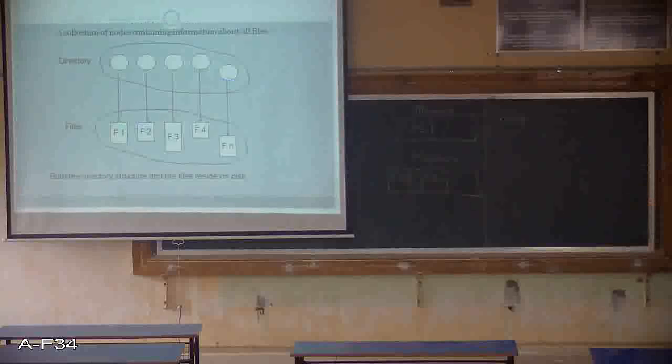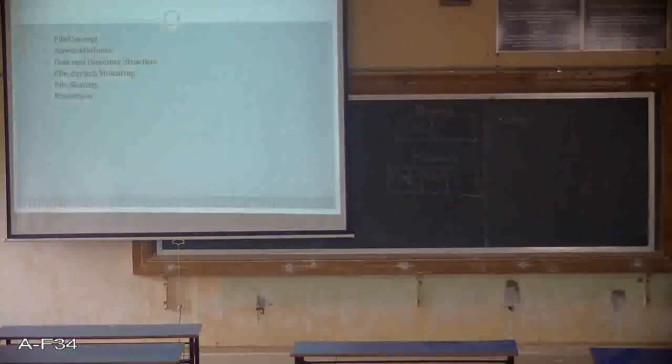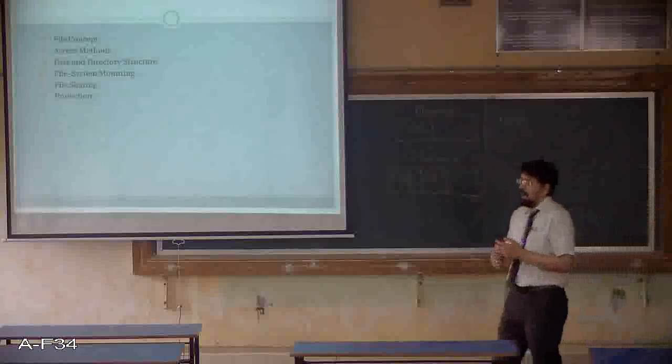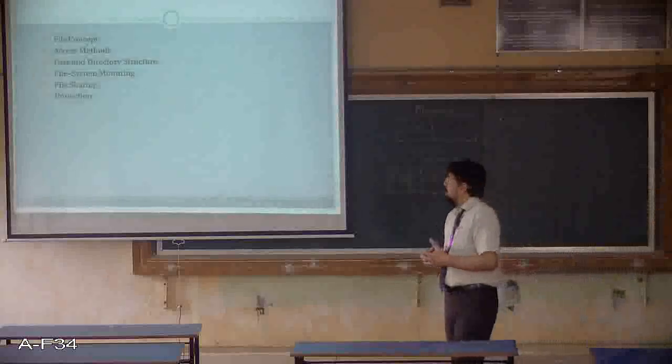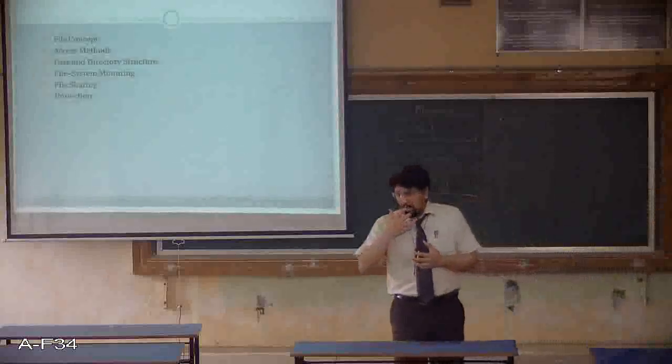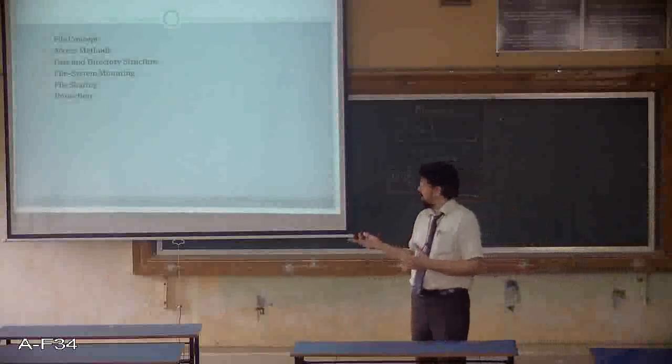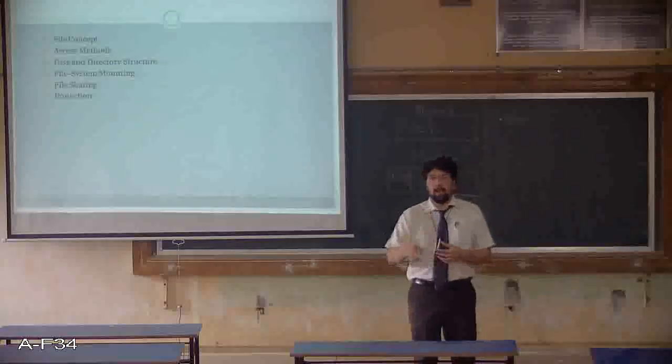So today what we have seen is the file concept and the different access methods. We have seen the concept of a file, why and how it is created, and how it can be stored.